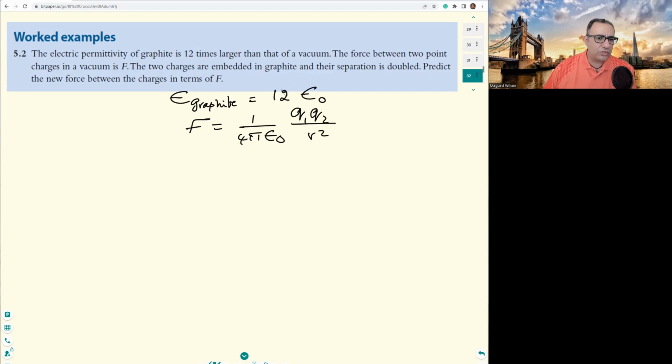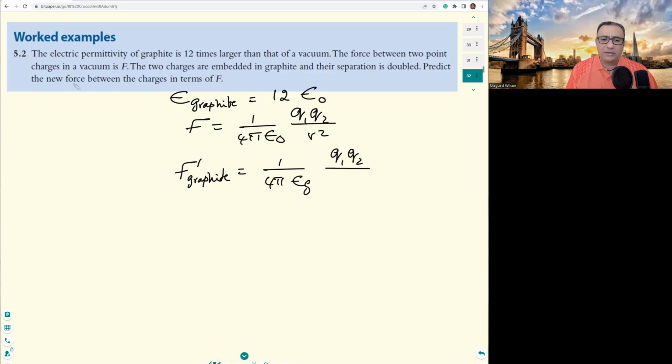Now, the two charges are embedded in graphite, so the permittivity will be different, and their separation is doubled. Predict the new force between the charges in terms of F. Let's call the new force F prime. F prime, in graphite, is 1 over 4 pi epsilon graphite multiplied by Q1 Q2.